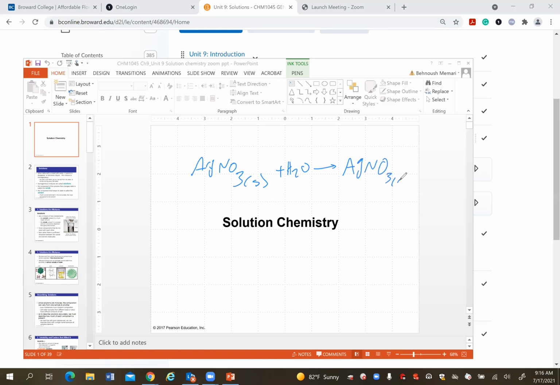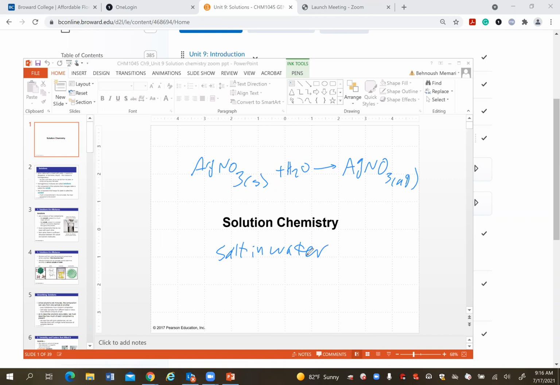It changes to silver nitrate aqueous. So an example of a solution would be silver nitrate in water, salt in water. That's a solution. Sugar in water, vinegar in water, right? Alcohol in water.